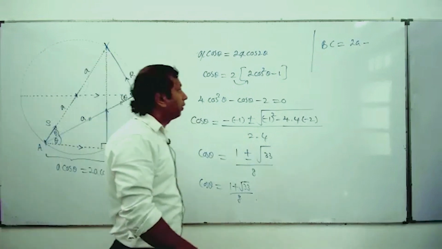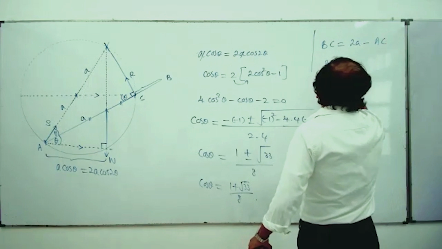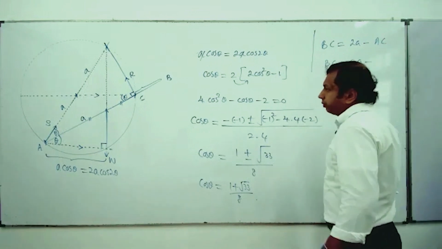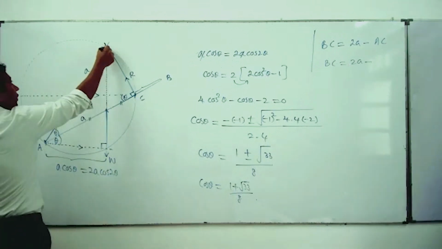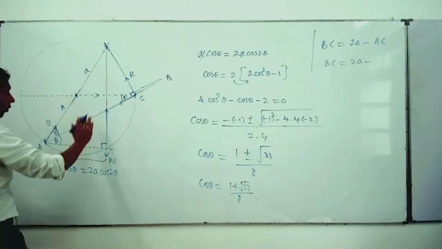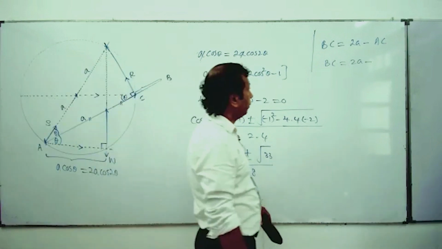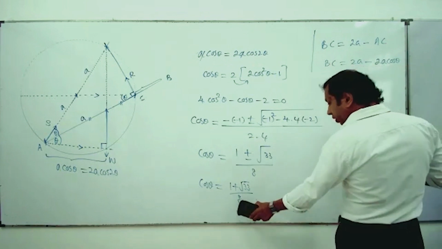Then BC equals 2a minus AC. A to here, AC is here. This is 2a, this is theta. Therefore, AC is what? 2a cos theta. That cos theta we have here, people. Put that there.